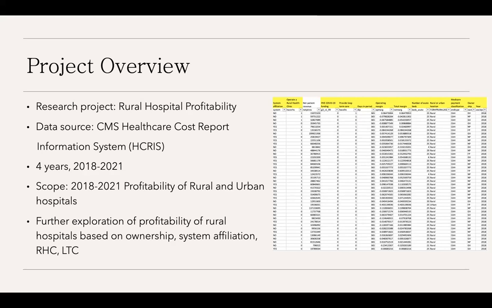For profitability, we focus on the total margin that is present in the data set. Also, another important point is that this data was collected throughout the COVID years, meaning we have 2 years pre-COVID and 2 years during COVID data.